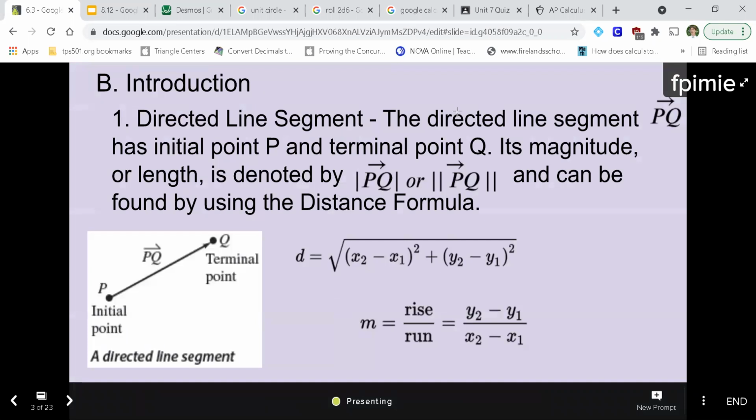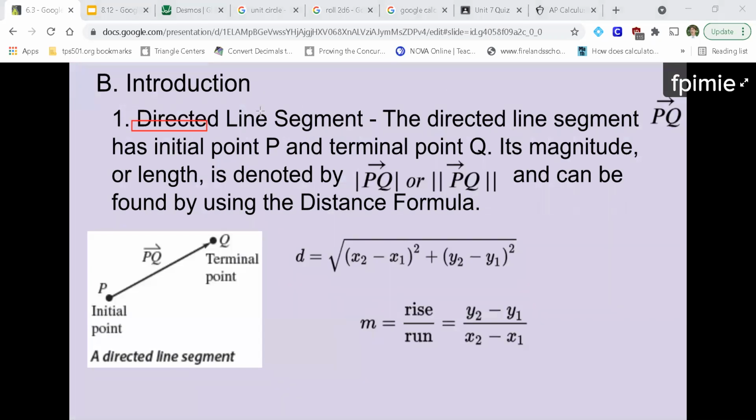We'll see. First thing we're going to talk about to introduce you to vectors is the idea of a directed line segment. A directed line segment has an initial point and a terminal point. It's denoted with this arrow over it telling you which is the initial and which is the terminal.